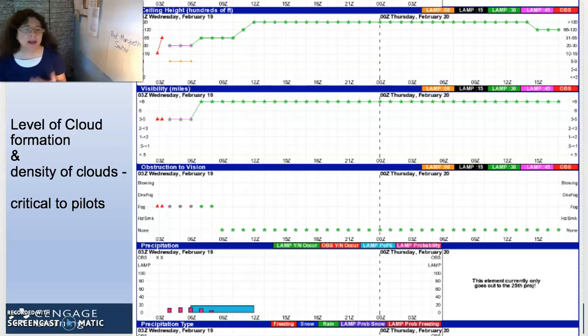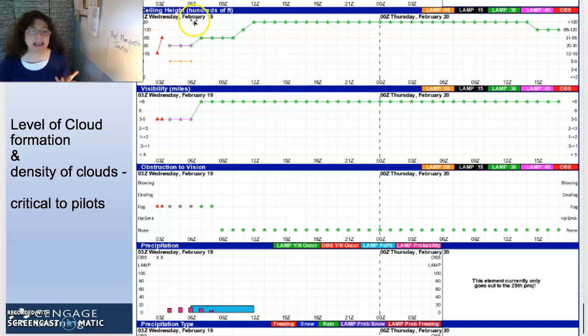So when I look at a meteogram such as this out of Morristown, New Jersey airport, I am looking at what is important to pilots. What's important to them is what you see right off the top. The clouds are important to them, and they're critical to pilots for navigation and for safety.